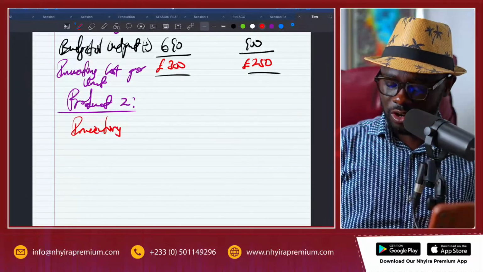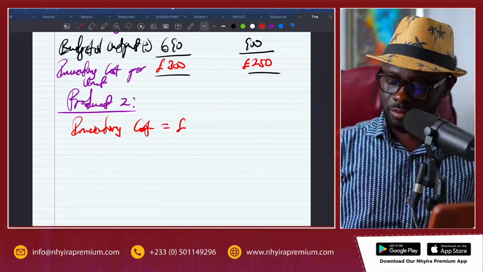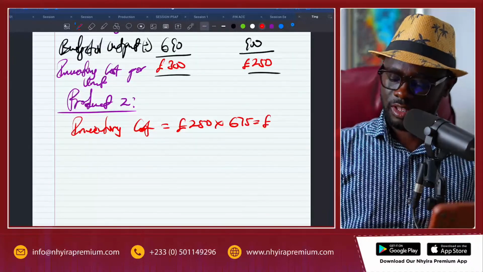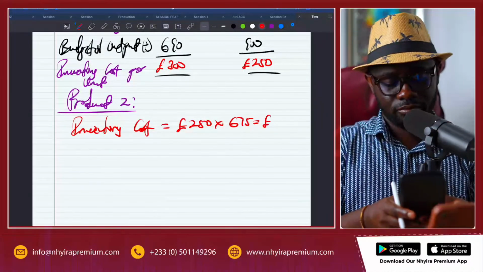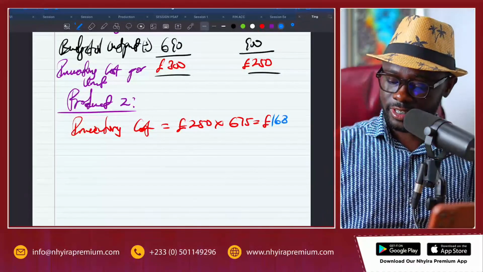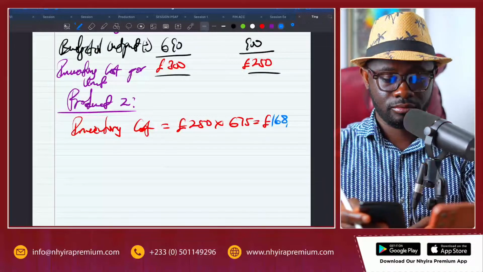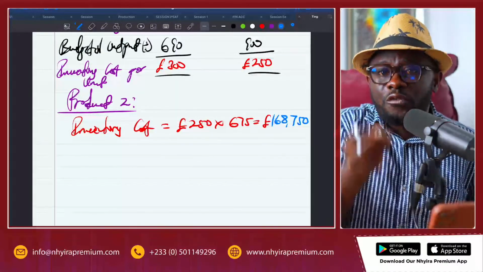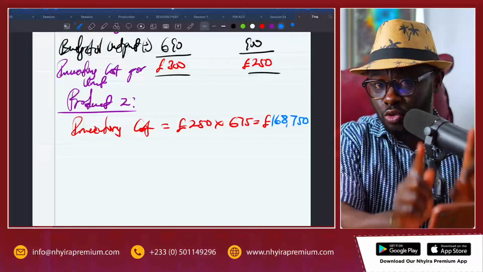So inventory cost is going to be the 250 times 675. And that gives us what? 168,750. So this will be the cost of inventory for the product 2.